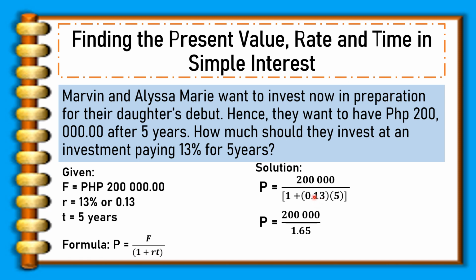So 5 multiplied by 0.13 plus 1 is 1.65. So 200,000 divided by 1.65 is 121,212.1212. Therefore, they need to invest 121,212 now in order for them to have 200,000 pesos after 5 years.